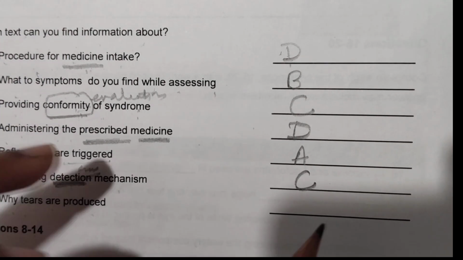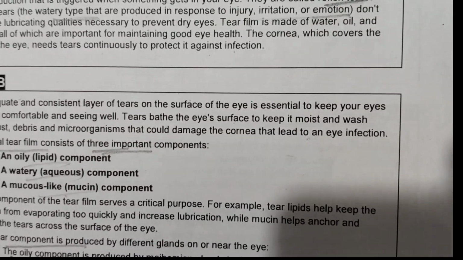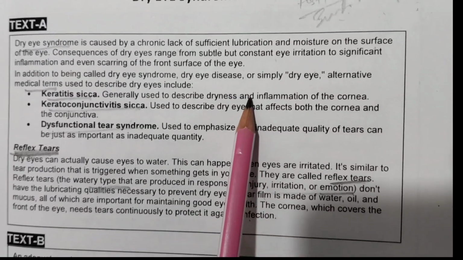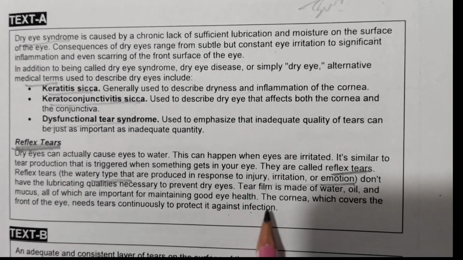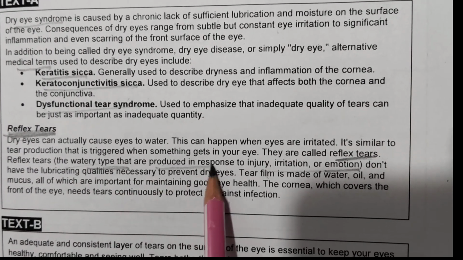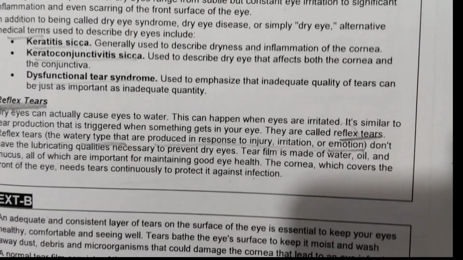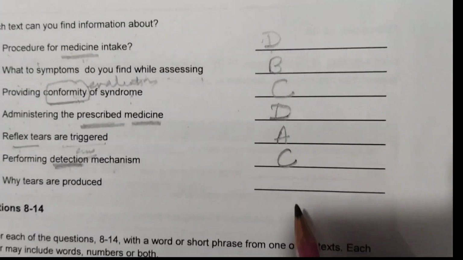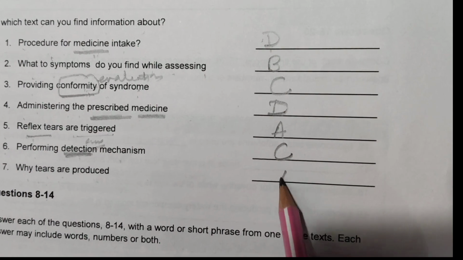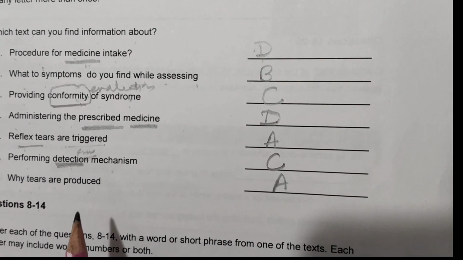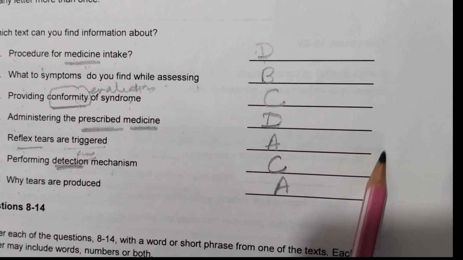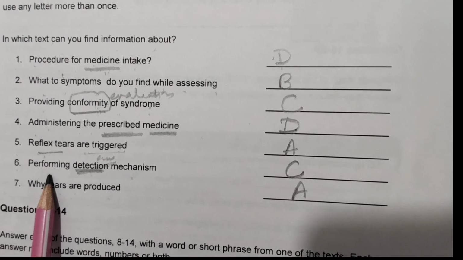So see, all this regarding tears, definition and all things are mentioned in A, how tears are produced, like the water type that is produced in response to injury and all. These are all mentioned in this paragraph. So we can write here in question number 7, the answer is A. Okay. So like this you can do the match the following questions.